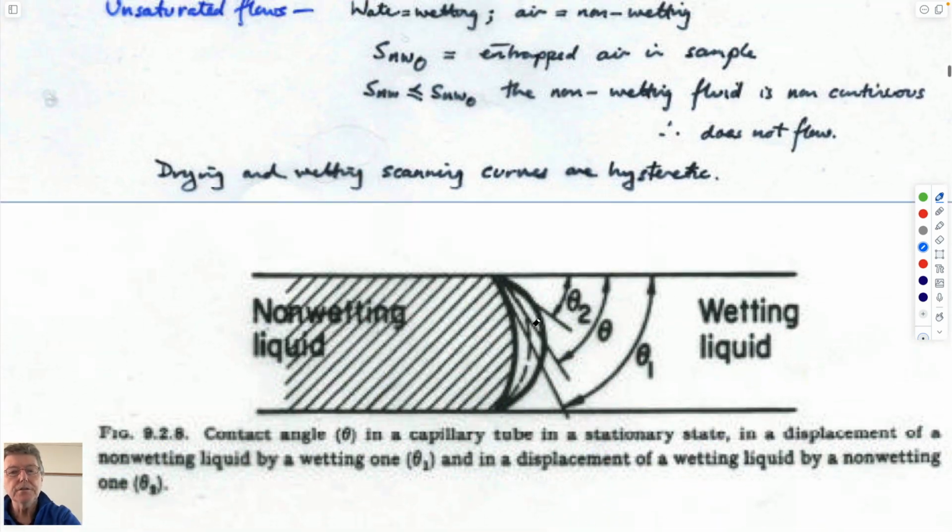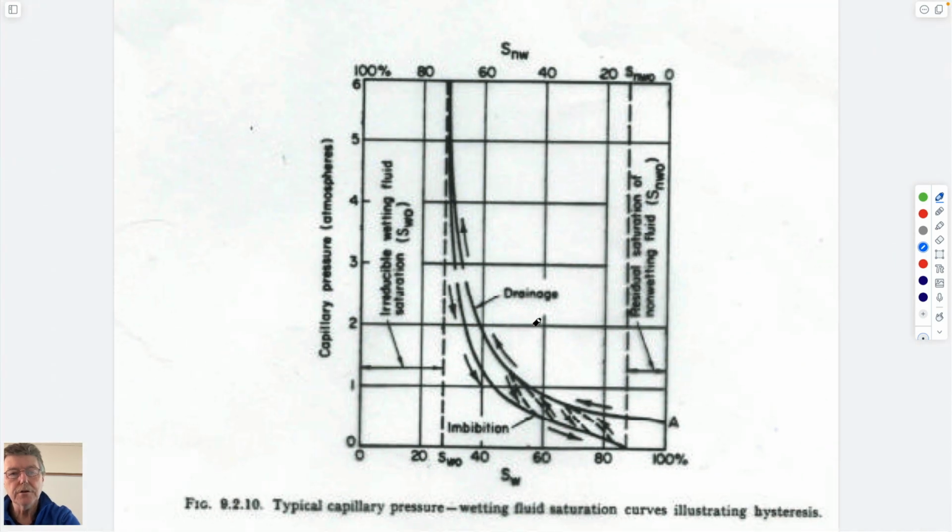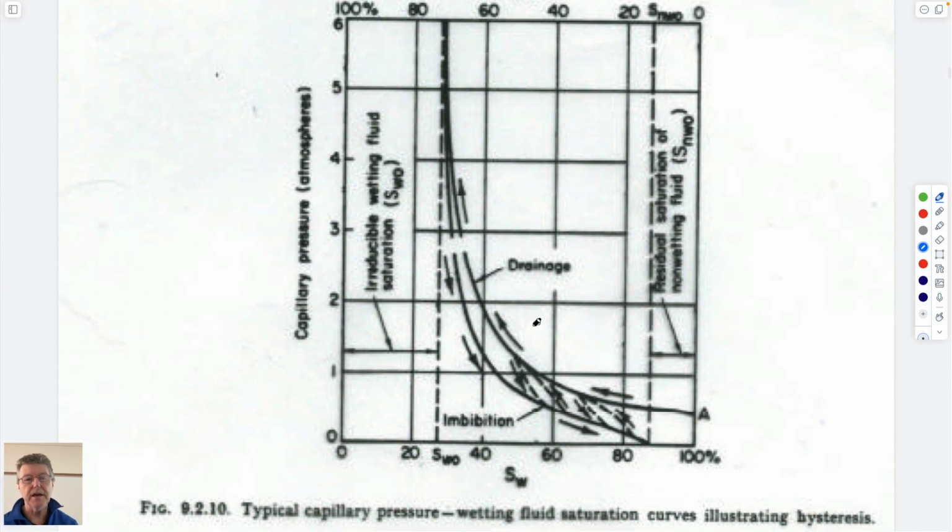So the other observation is that if we look at realistic curves, it's a bit like what we had before. In terms of our terminology, this is the bubbling pressure, or PC0.